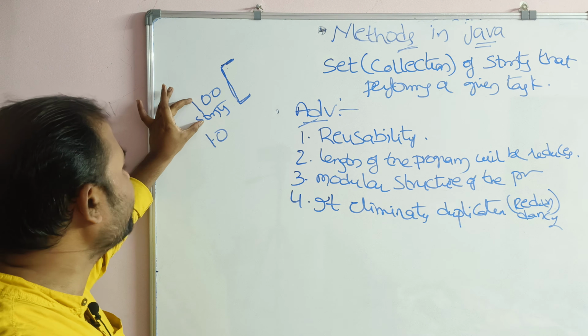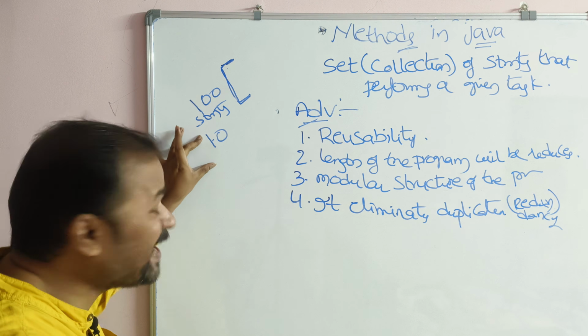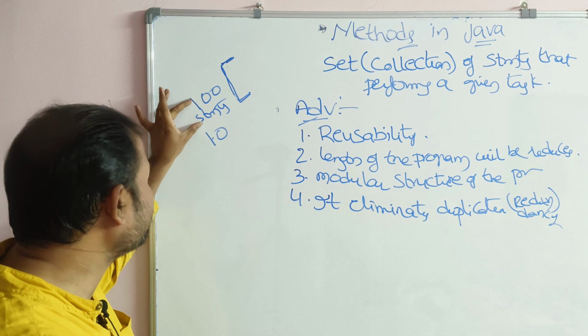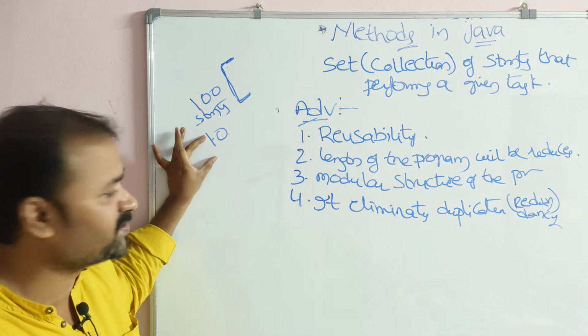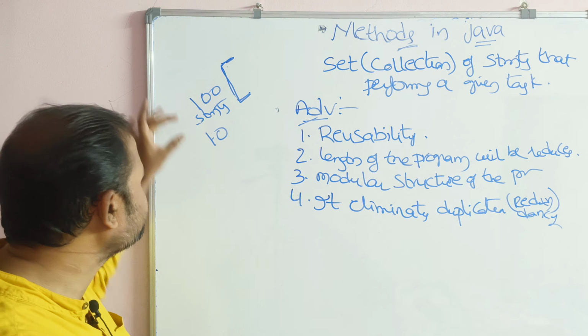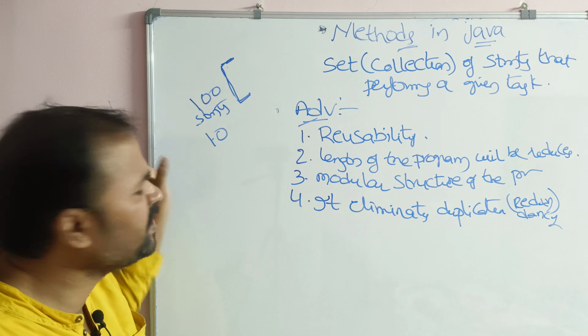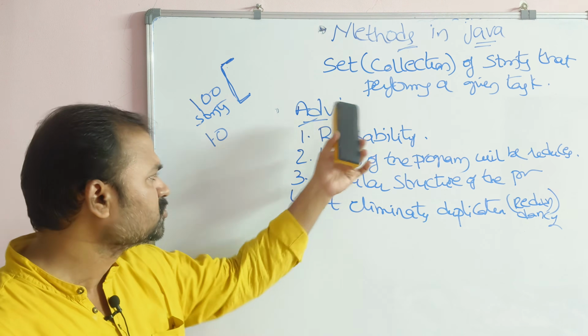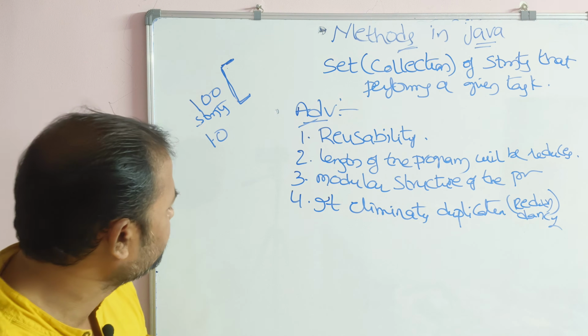These 100 statements will be typed 10 times. So there is duplication, redundancy. The same set of code is typed 10 times. Whereas if we use methods, we will define the method only once and we can call it many number of times according to our requirement. So these are the benefits of methods.